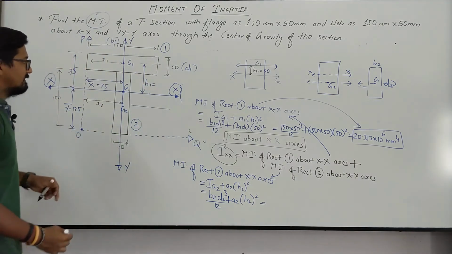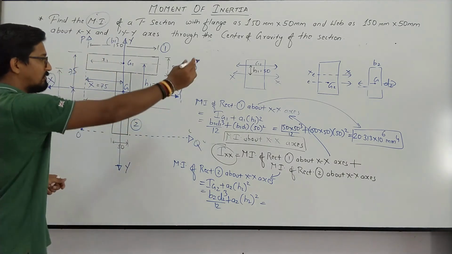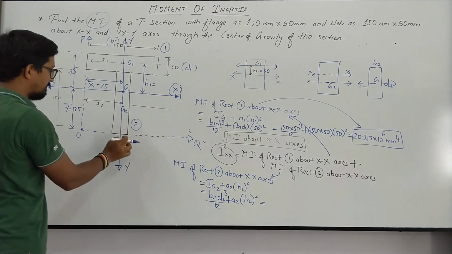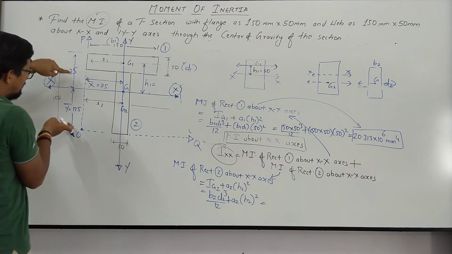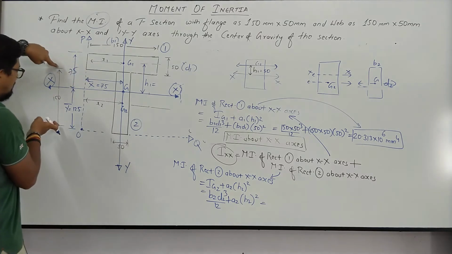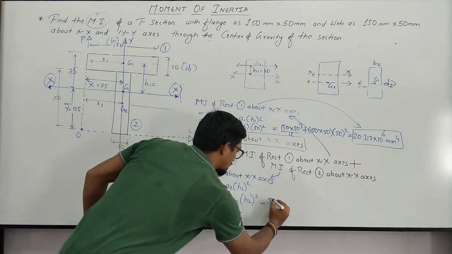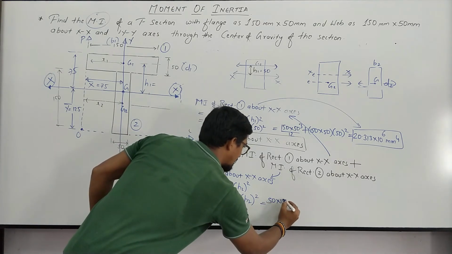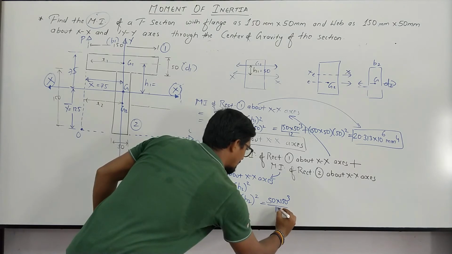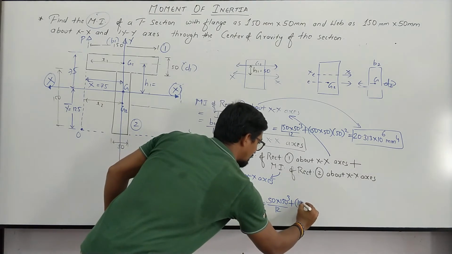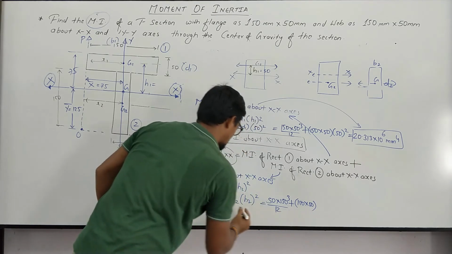So what is b2 here? I have already shown, this is b2, this is d2. So b2 is 50, d2 is 150, correct? So it will be 50 into 150 cube divided by 12 plus area, again the same, 150 into 50, area 2.